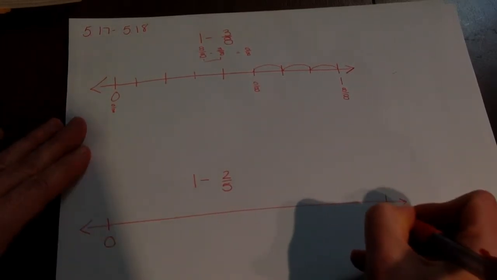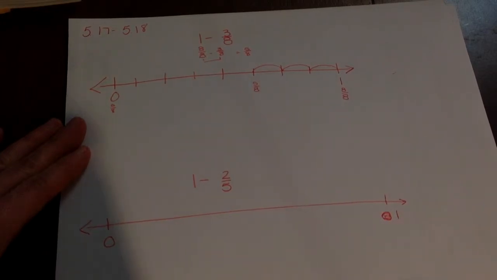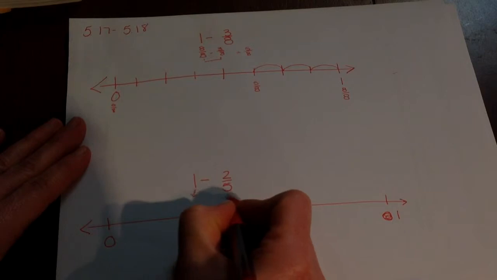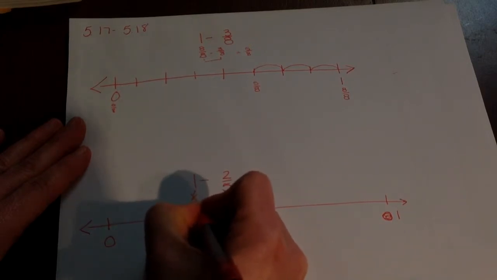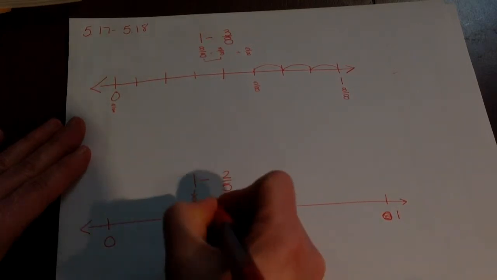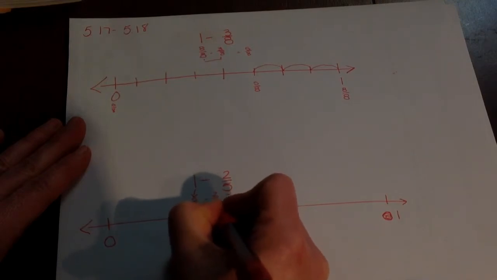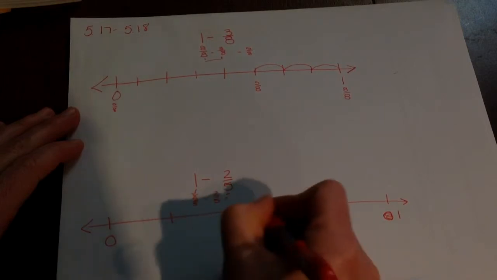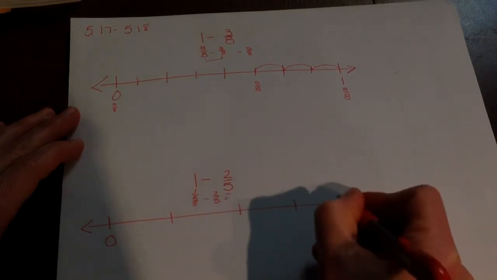Hopefully you decided to break yours into 0 and 1. And then you decided that this 1, because I'm dealing with fifths, would be 5/5. So I'm really taking 5/5 and subtracting 2/5. So I should have broken my number line into fifths.